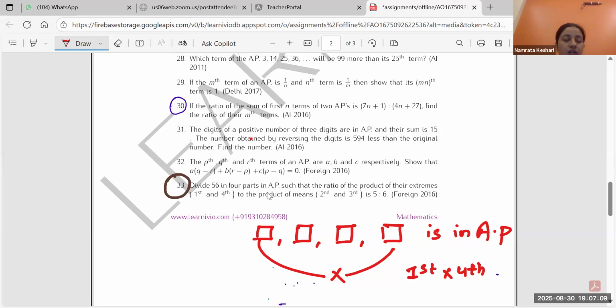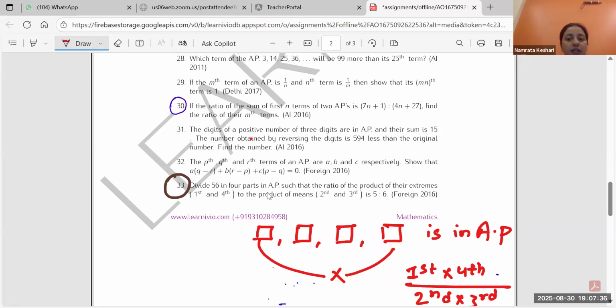You can see here written also first and fourth, to the product of the means, that means the second and third term, that is equal to 5 is to 6. So when you are dividing 56 into 4 parts, you have to think about the 4 terms, whatever it will be, that will maintain an AP.